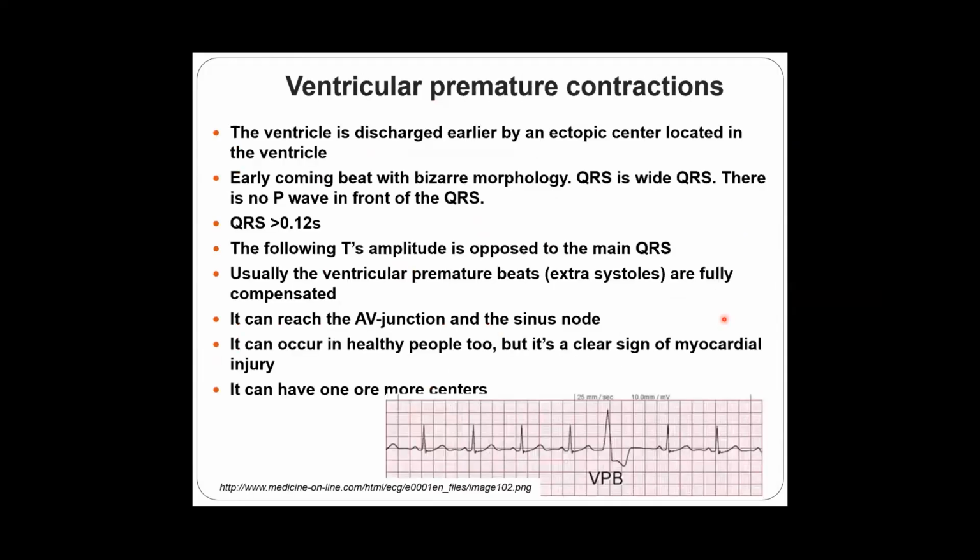How do we know that this impulse originated from a ventricle? Basically, there is no P in front of the QRS complexes, or there is no connection between the P and the QRS complexes, and that QRS is wide, and the T wave is exactly the opposite of the main QRS complex.